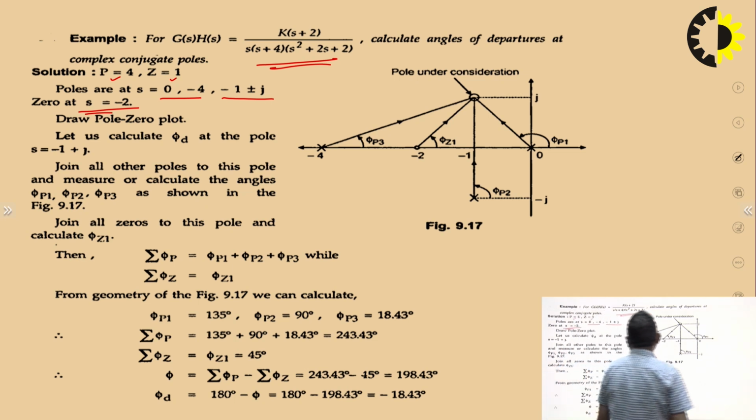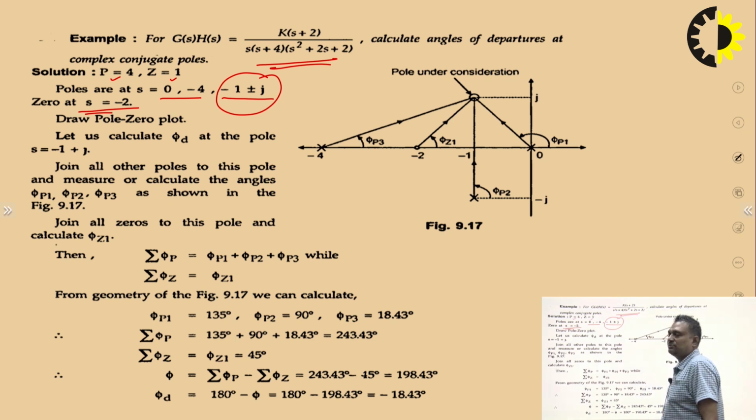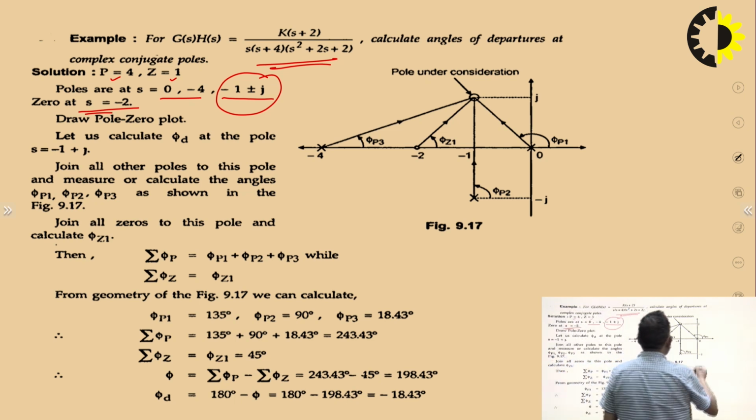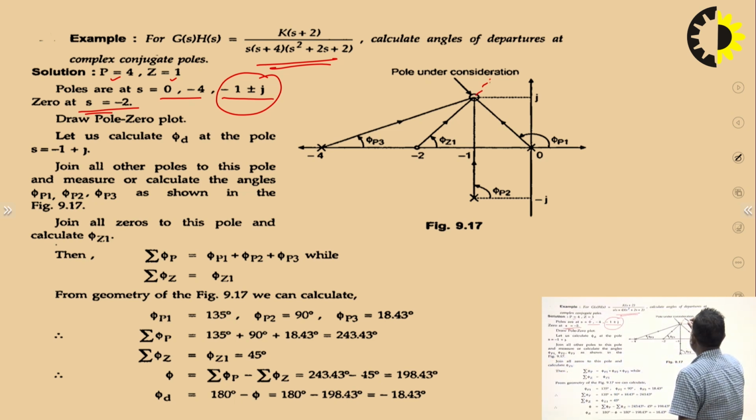So how will we calculate? These two are complex conjugates of each other. So we will calculate only for one root, that is -1 plus j, and for -1 minus j, the angle of departure will be the negative of that value. So -1 plus j is located somewhere here. For calculating the angle of departure, we have to check the angle that this particular pole makes with all other poles and zeros.